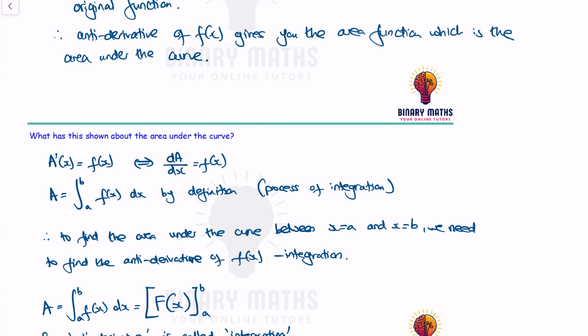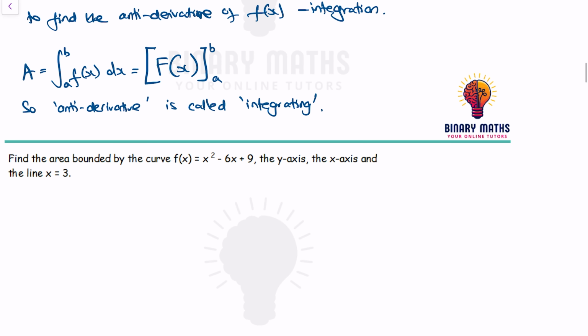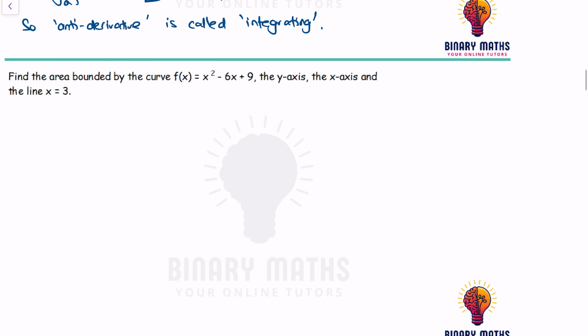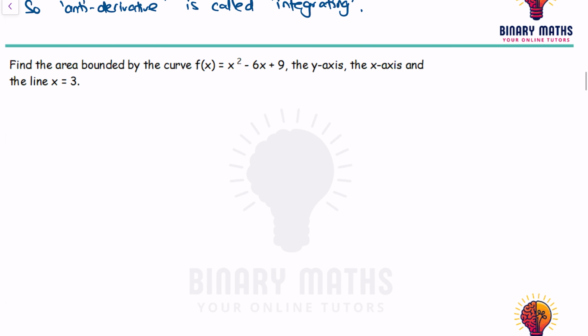Okay, so let's go through some examples. It says find the area bounded by the curve f of x is equal to x squared minus 6x plus 9, the y-axis and the x-axis, and the line x is equal to 3. So let's do a rough sketch. x squared minus 6x plus 9, if I factorize it, is the same thing as x minus 3 times x minus 3, which is equal to x minus 3 all squared.